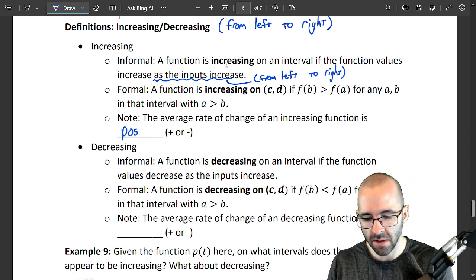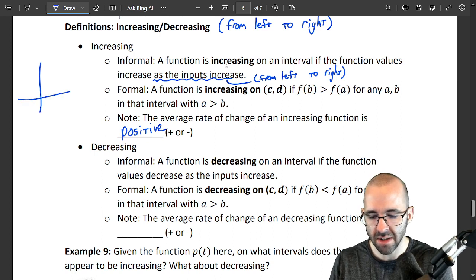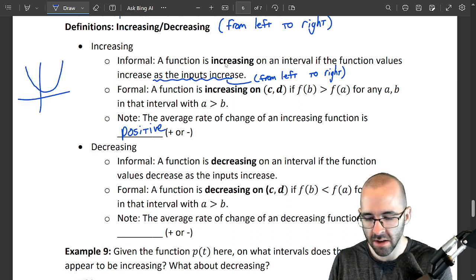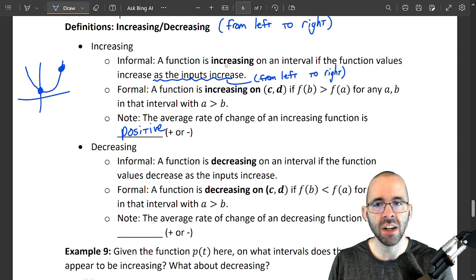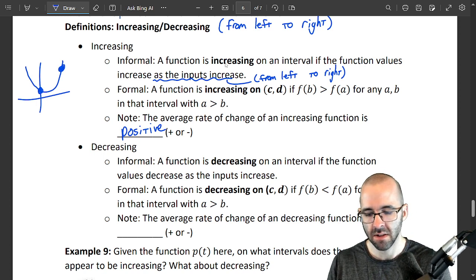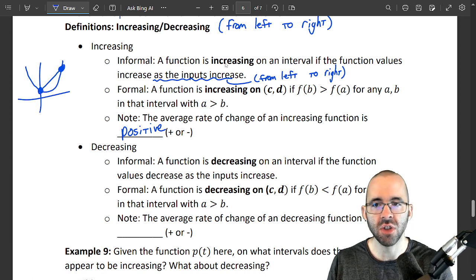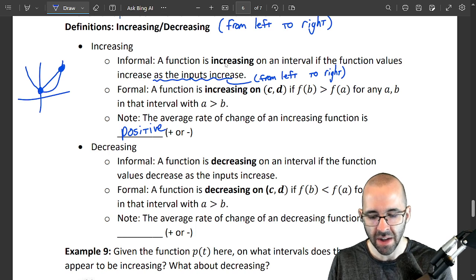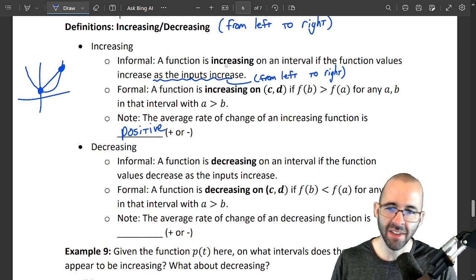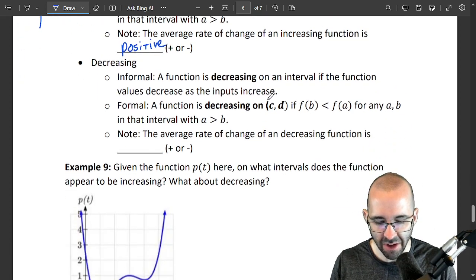It's going to be positive. One way that you can think about that is our earlier parabola example, you remember that? We looked at the average rate of change here. If it's increasing, average rate of change will have a positive slope. Technically, this parabola is actually decreasing for a little bit and then increasing. Let's not worry too much about that for that example.